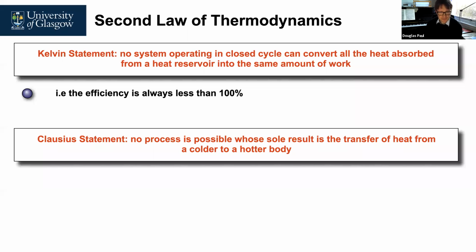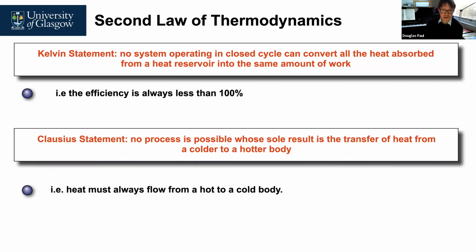Around the same time, Clausius had done a different derivation where he stated that no process is possible whose sole result is the transfer of heat from a colder to a hotter body. So in effect, what the Clausius statement is saying is heat always flows from a hot to a cold body.